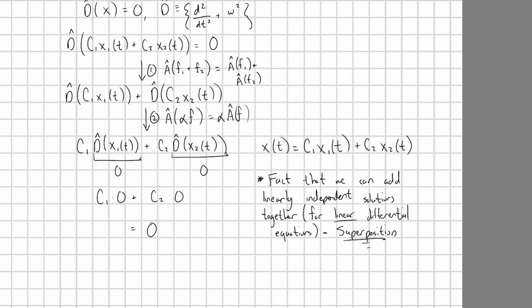And let me make one more remark. Remember that our simple harmonic oscillator equation was a second order ODE. Remember when we made that categorization, right? Because the highest derivative was the second derivative. This is second order, and we have two linearly independent solutions.